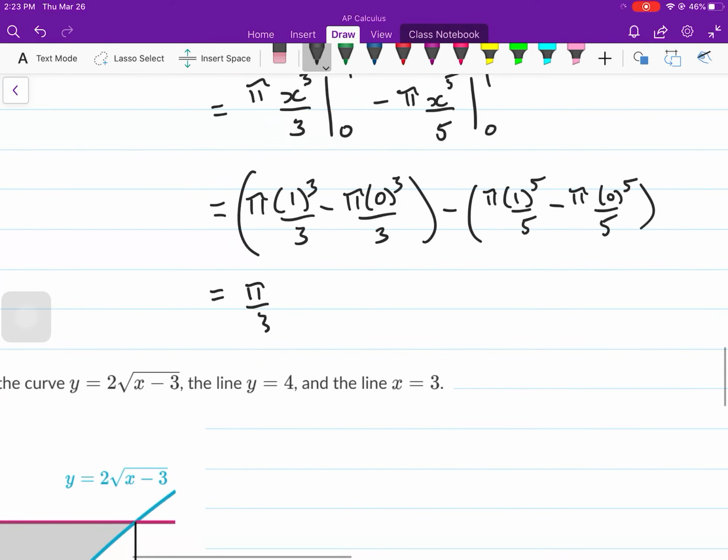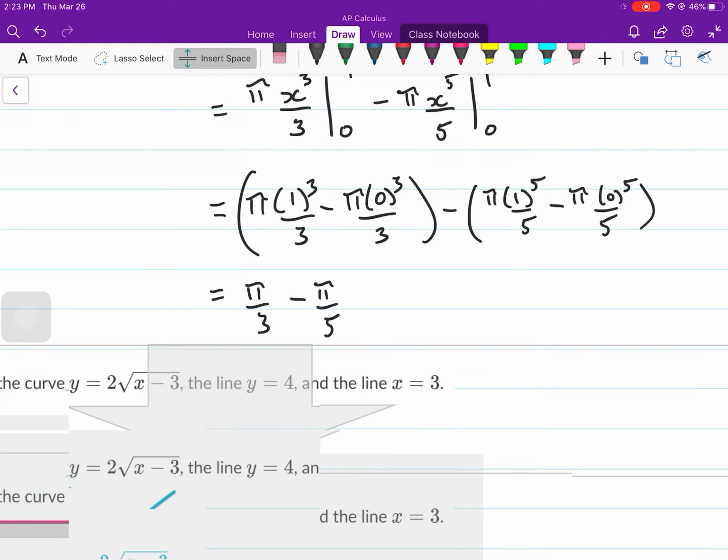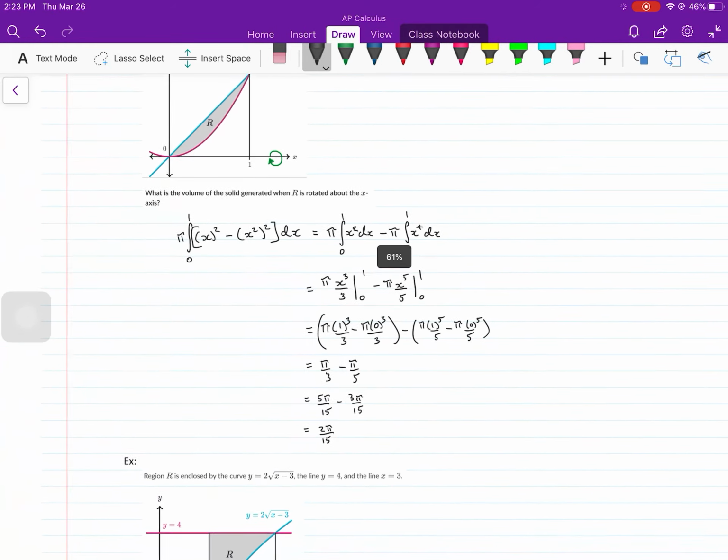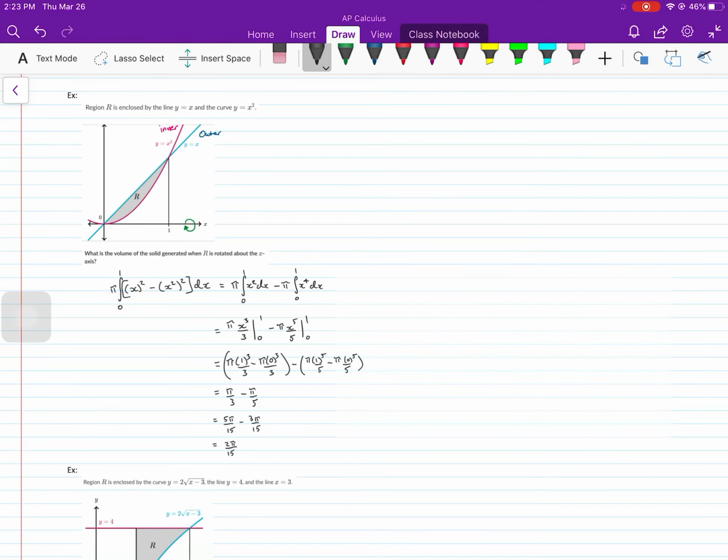And so then that would be pi over 3 minus pi over 5. And I'm this far, I might as well just finish it, which would be 5 pi over 15 minus 3 pi over 15, which is 2 pi over 15. And there you have it.